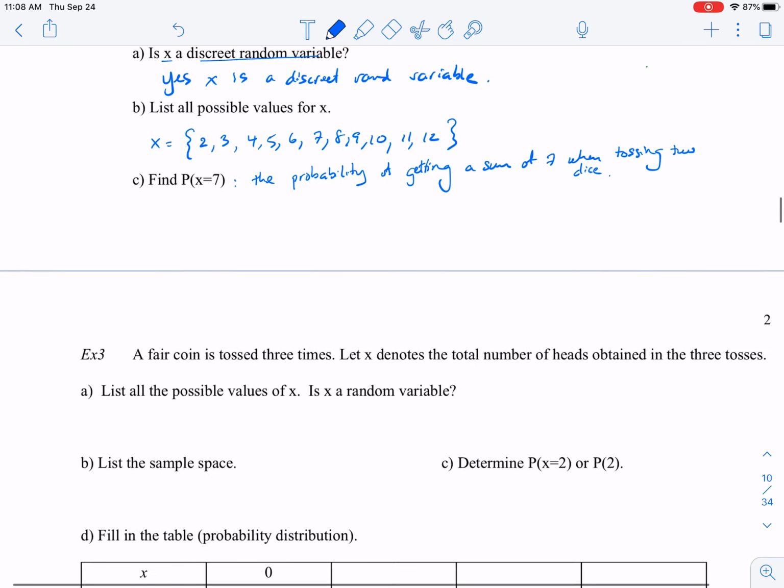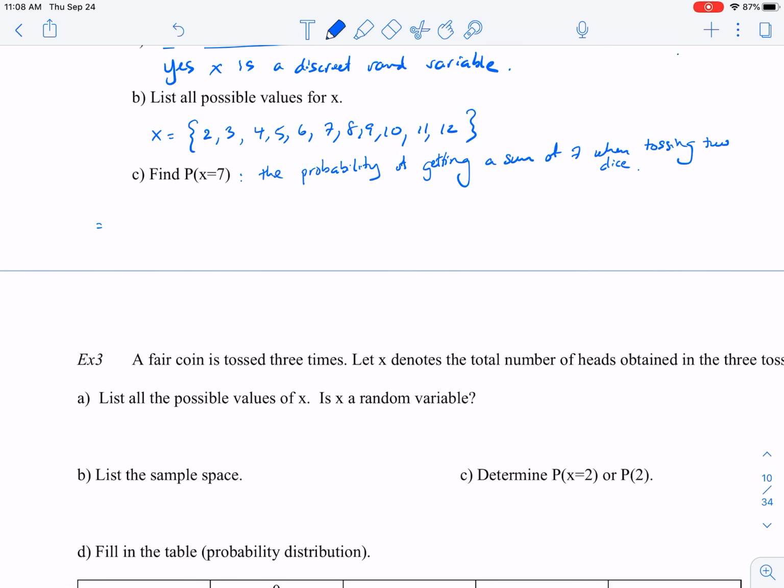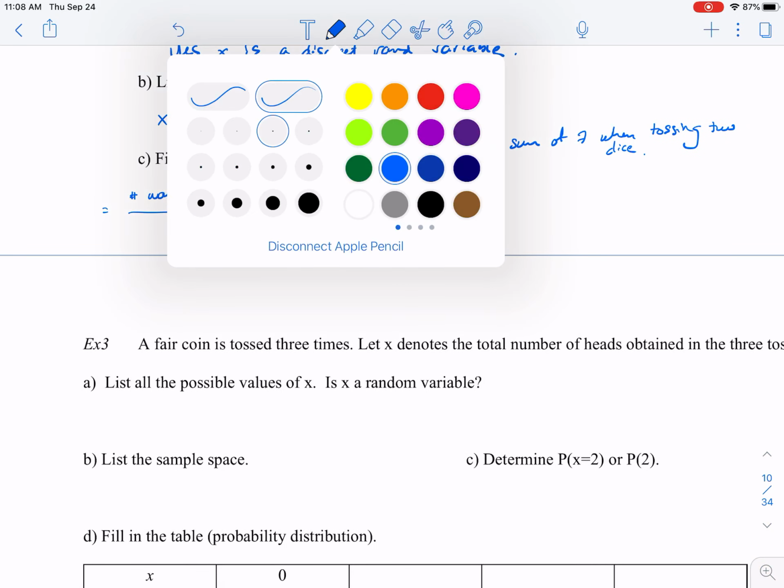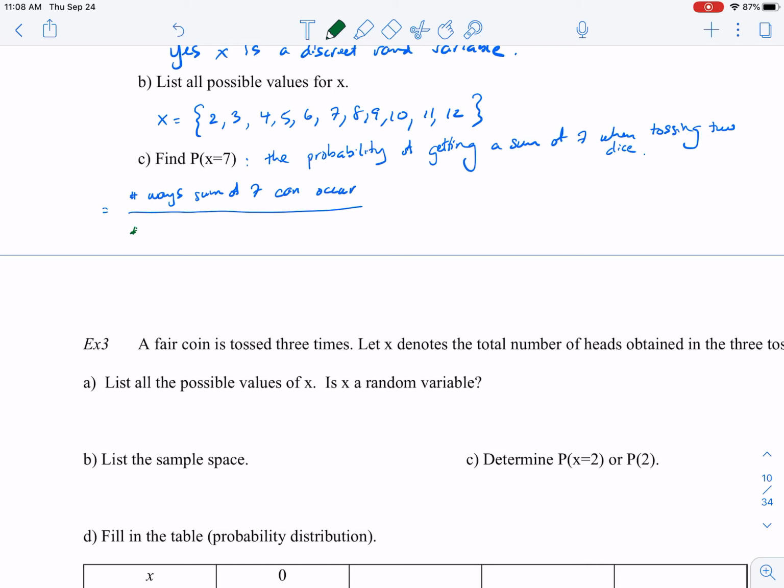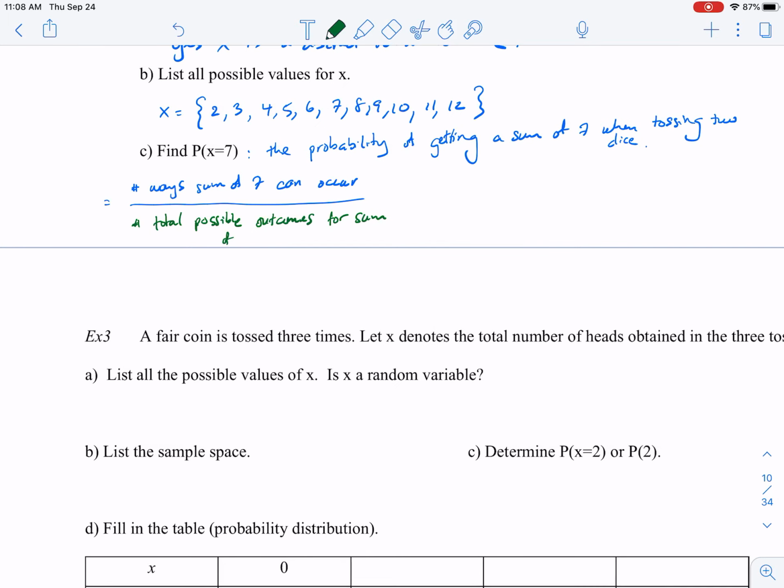So to find this probability, we have to look at the number of ways a sum of 7 can occur for 2 dice out of the number of total possible outcomes for the sum of 2 dice.